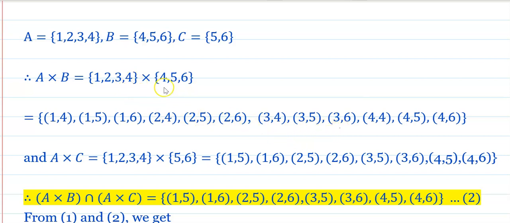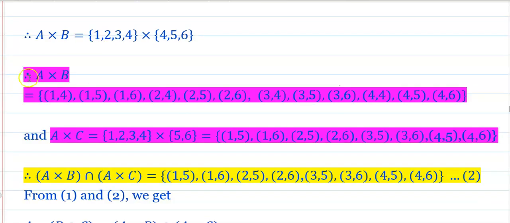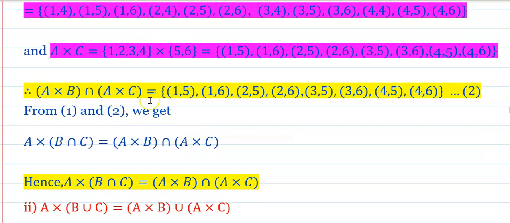Okay. (4, 4), (4, 5), (4, 6) in this way. Now next is A cross C, {1, 2, 3, 4} cross {5, 6}: (1, 5), (1, 6), (2, 5), (2, 6), (3, 5), (3, 6), (4, 5), (4, 6) in this way, A cross C. Now the intersection of A cross B and A cross C. Okay. Now, which are the common elements?